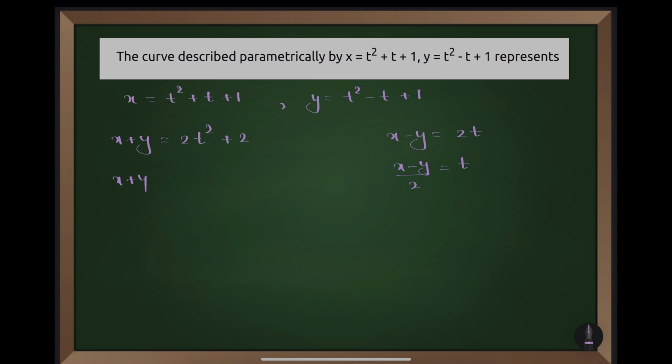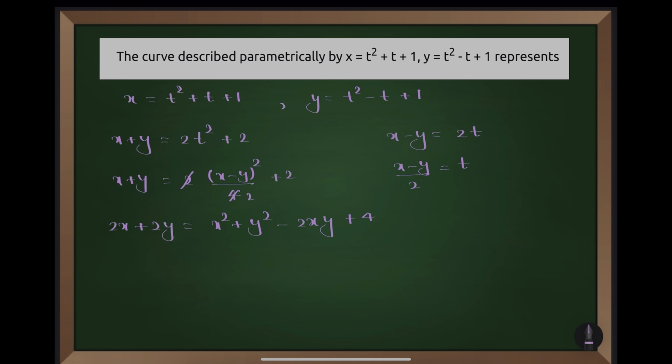So x plus y is equal to 2 times (x minus y) whole square over 4, plus 2. Now let's multiply both sides by 2. So 2x plus 2y is equal to x square plus y square minus 2xy, and then plus 4.